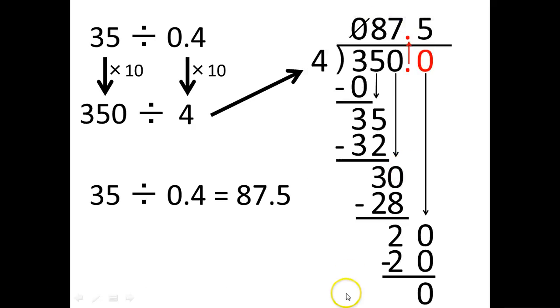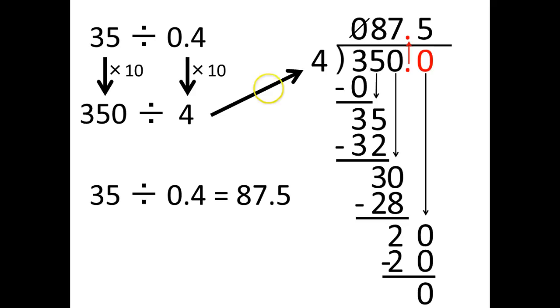So hopefully you're convinced that this way does work. And again, the key is that we follow the rule of division. We must remember that if we multiply or divide the divisor or the dividend to change it into a simpler or more convenient number, we must do the same to the other number in the number sentence.